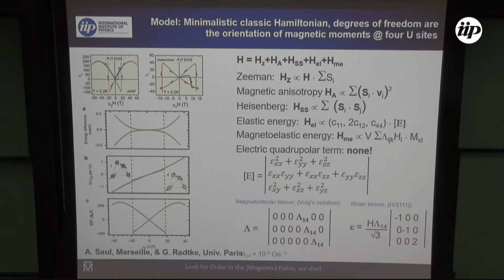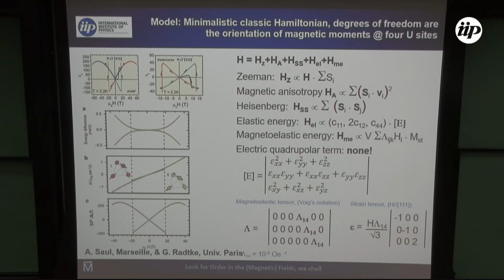What is the difference between these two? Time reversal symmetry. You see here, in this case, the arrow is pointing out of the tetragon, and these three uraniums here have a circulation in the tetragon. The net magnetic moment of this unit is 0. The net magnetic moment of this unit is 0, but the direction with respect to time reversal is different. This points out and this points inside.